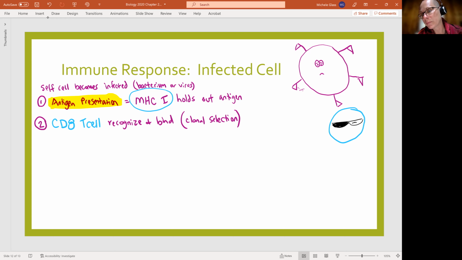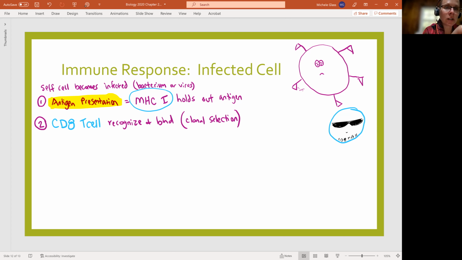It's just kind of fun. And this cell is so cool, it just has a little line for a mouth. This is our CD8 T cell.